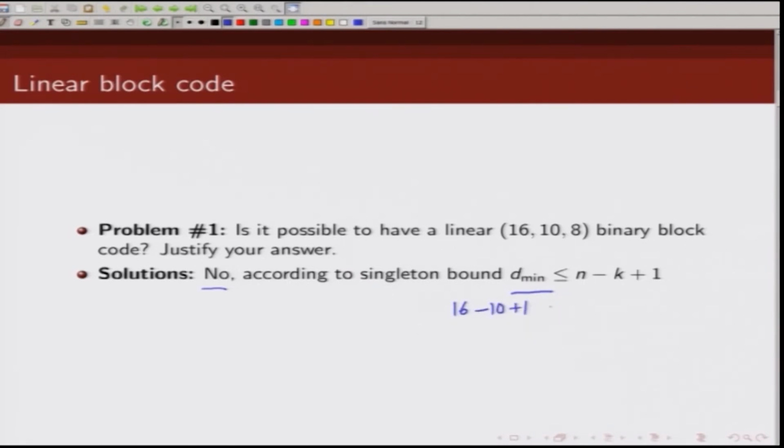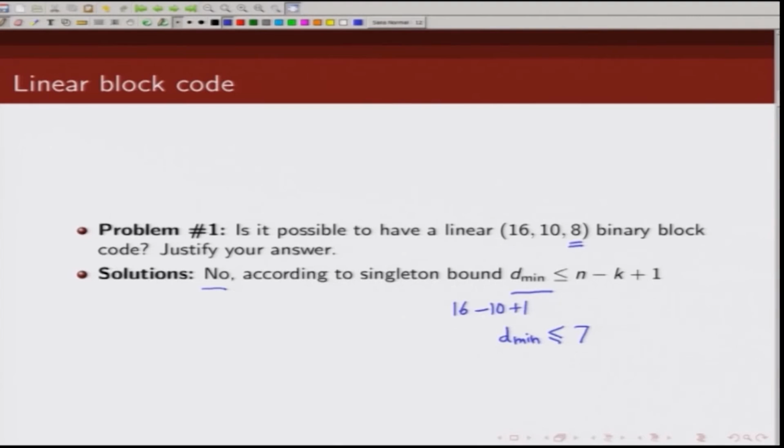So, the Singleton bound says that the minimum distance of a (16, 10) code cannot be more than 7, and here we are saying minimum distance of 8. So, that means it is not possible to have a linear code with these parameters.